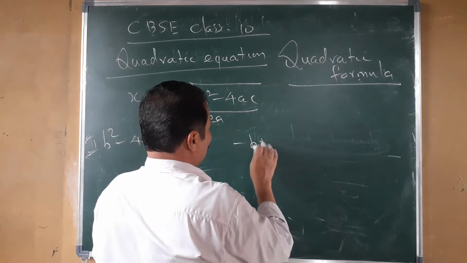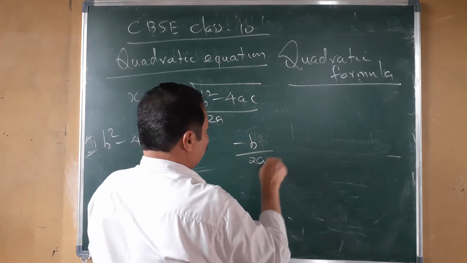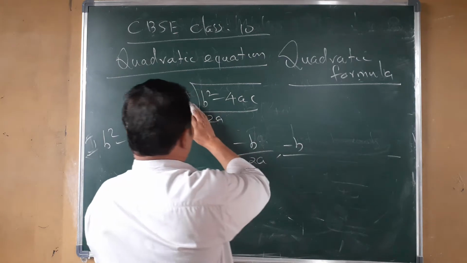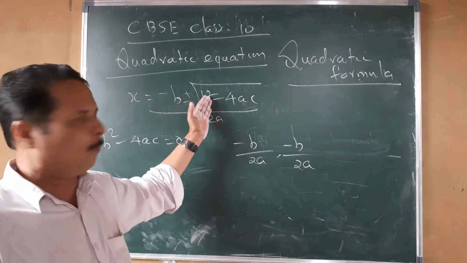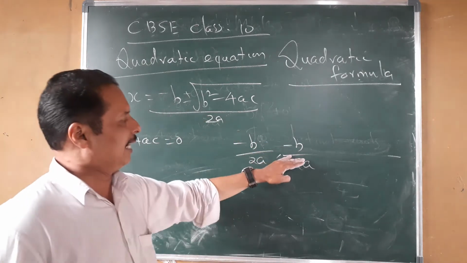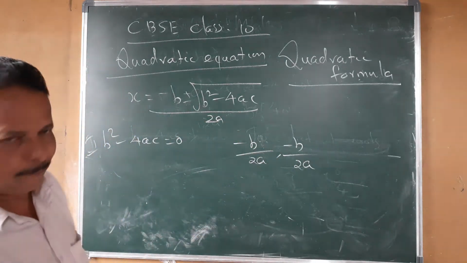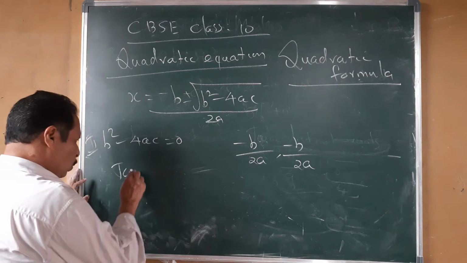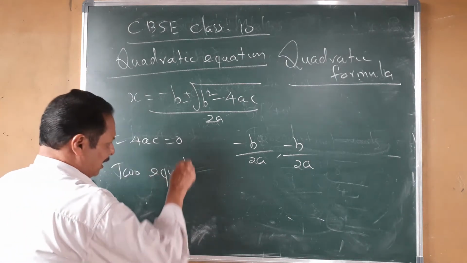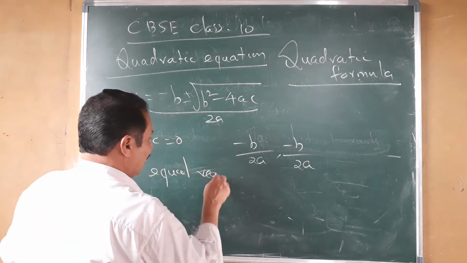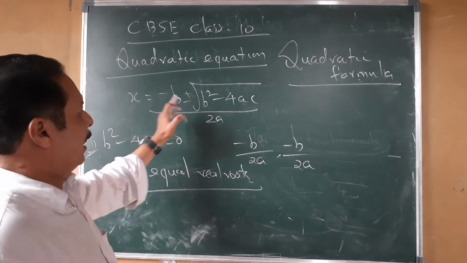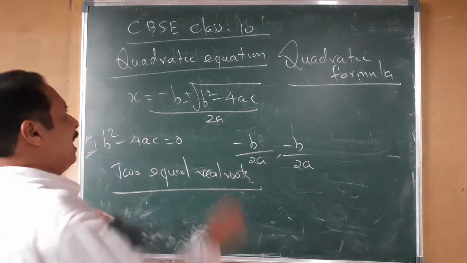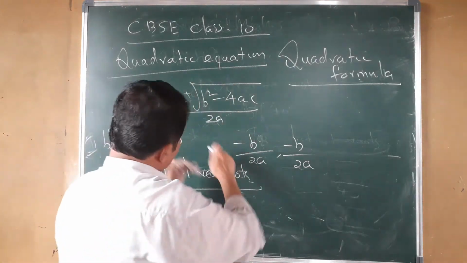Minus b plus or minus 0 by 2a. One answer is minus b plus 0 by 2a, another answer is minus b minus 0 by 2a.